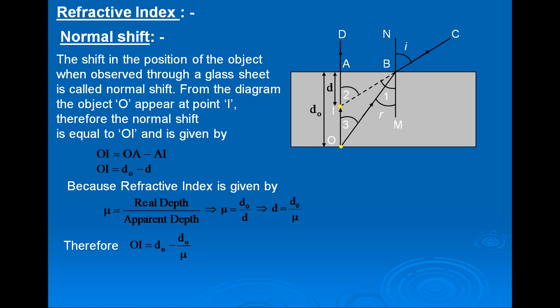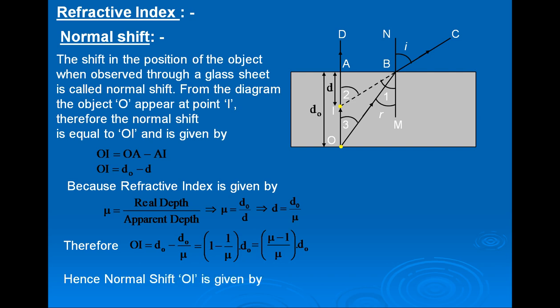On the right hand side, we can take d naught common, which gives 1 minus 1 upon mu within the bracket into d naught. Taking LCM within the bracket, we get mu minus 1 upon mu into d naught.